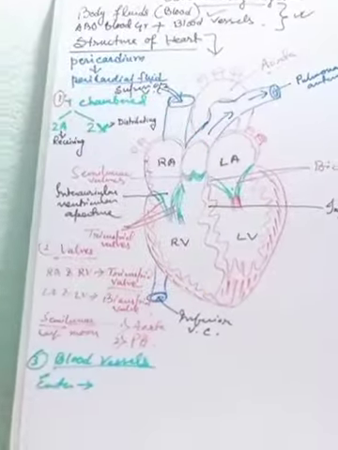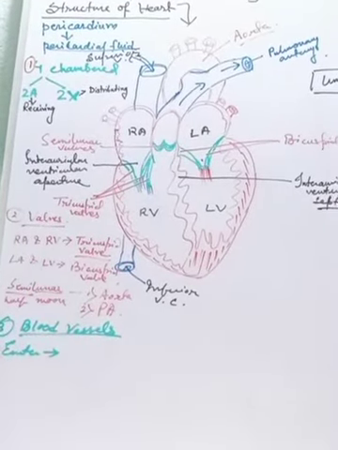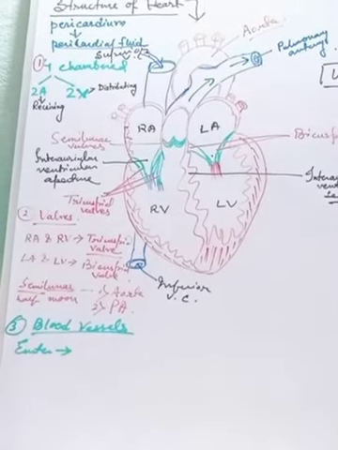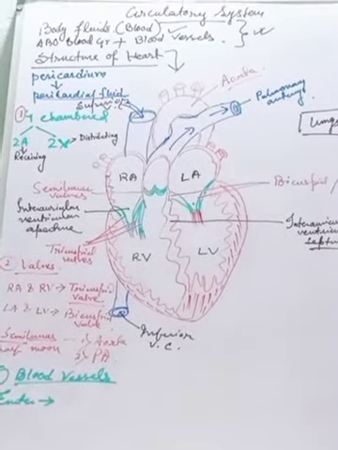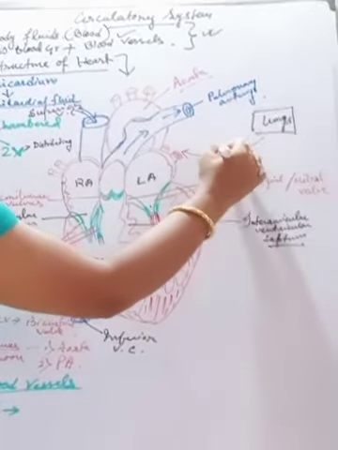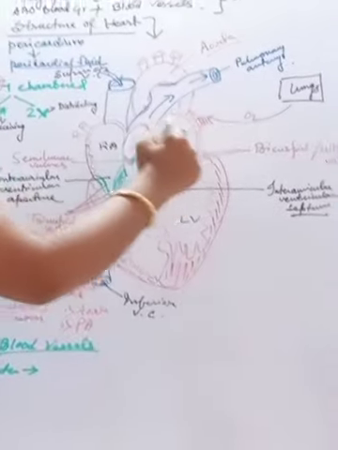Likewise, in the same way, there is also an organ called the lung. In the lungs, we know that oxygenation happens. That means carbon dioxide rich blood is oxygenated and forms oxygen rich blood. From there, the oxygenated blood comes to the left auricle through the pulmonary vein.